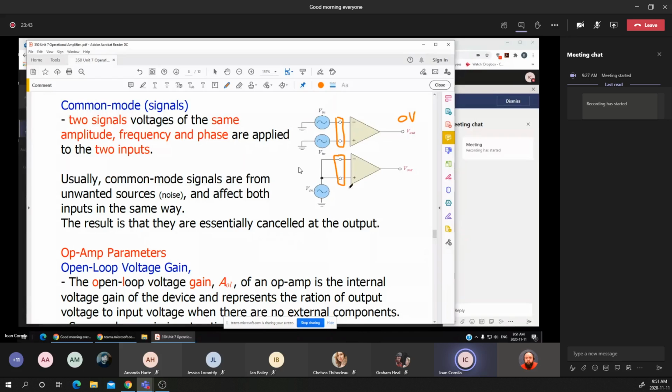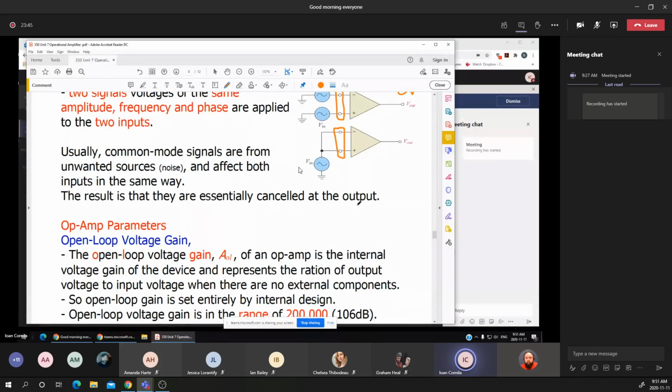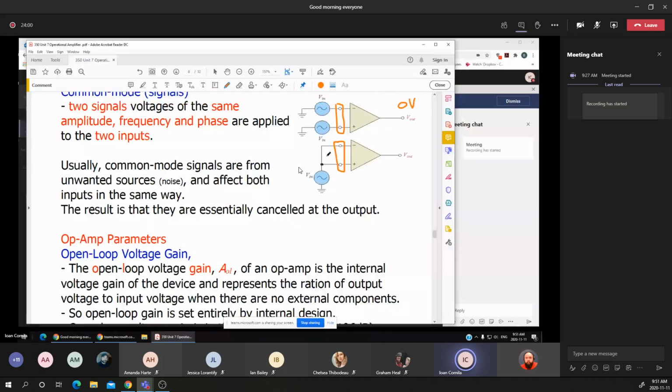In the same way, we can look at the second circuit, which has a single voltage source applied simultaneously on the two inputs. I'm looking for 0 volts, which means that this configuration is the common mode.